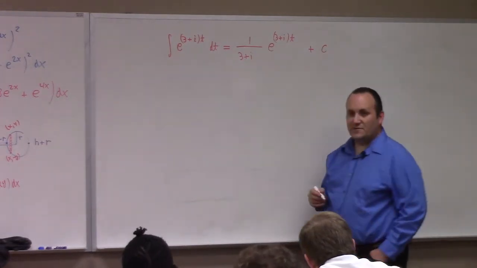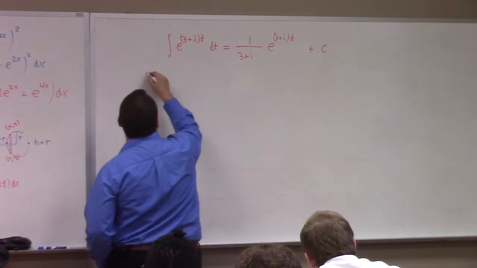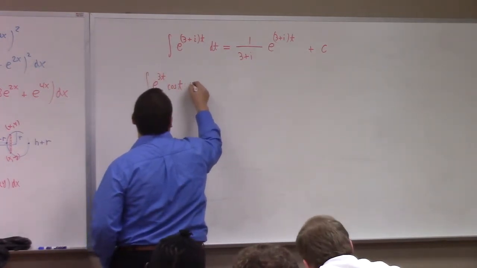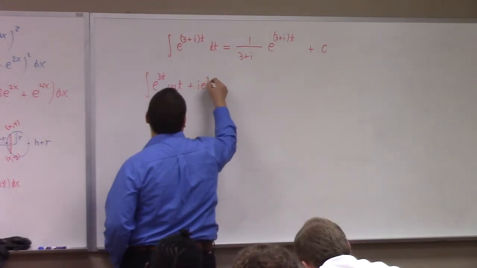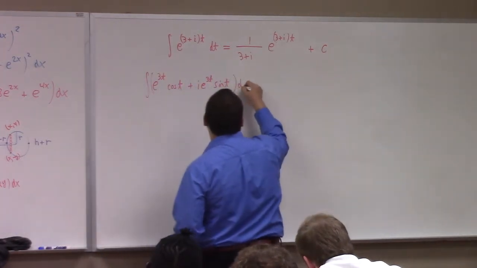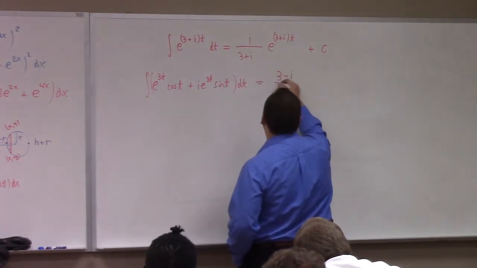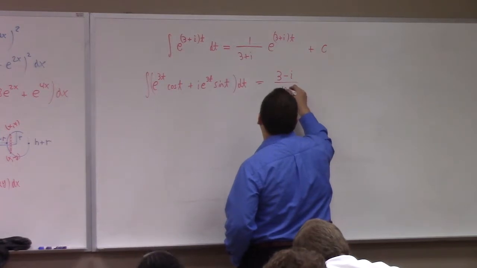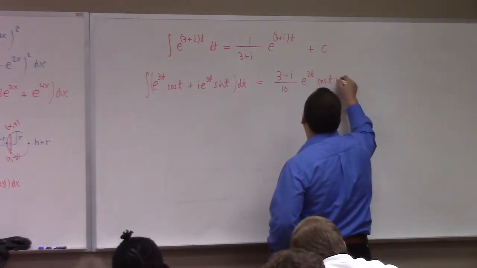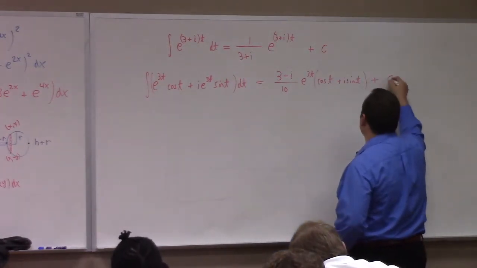That is in fact true. This is actually the integral of e to the 3t cosine t plus i e to the 3t sine t dt. This we can rewrite as (3 minus i)/10 times e to the 3t (cosine t plus i sine t) plus a constant.